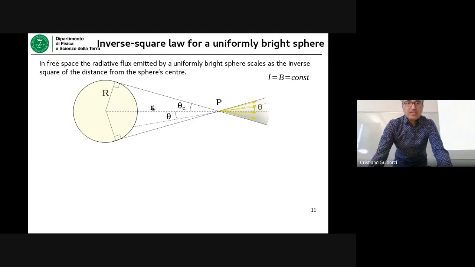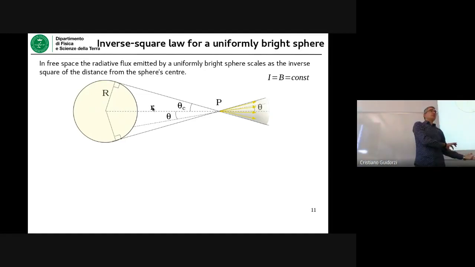So I put myself outside of the star, outside of the object, so little r has to be greater than or equal to capital R. In this drawing, clearly I'm well far from the object. I'm here, and I want to calculate the flux. If I say calculate the flux, I have to have in mind a surface.